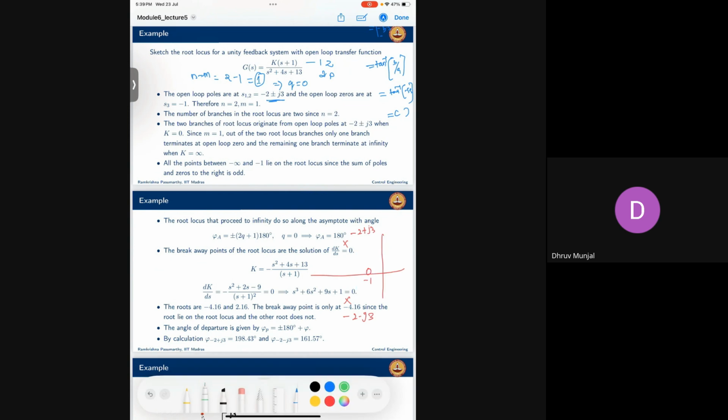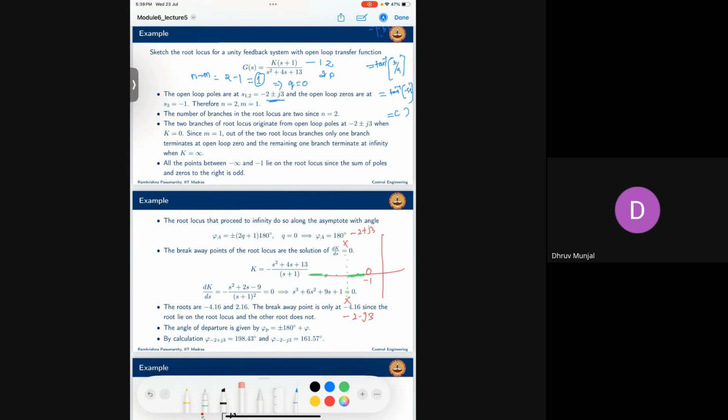then that will be in my root locus because it has odd. If I take a test point here, it won't be in the root locus because it will be even. So this is only my root locus value. If I take it here, it won't be there, but here it will be there also. After this, it cannot be, right?